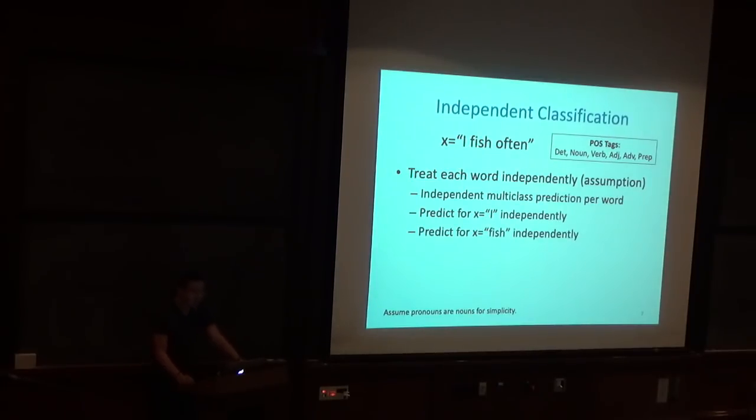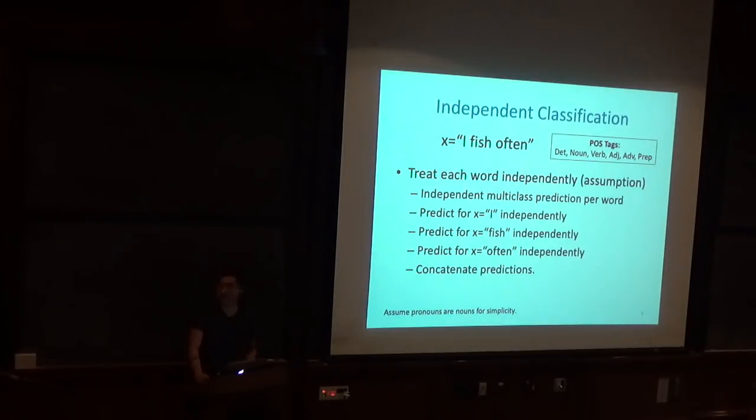For the word fish, we'll predict the part of speech tag for fish independently, and so on. We could, of course, do something slightly more complicated, for example looking at a window, but we're going to use this simple example to illustrate this point. And then finally, after we make the predictions, we'll just concatenate them together.